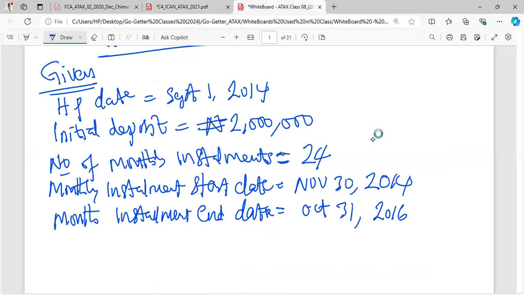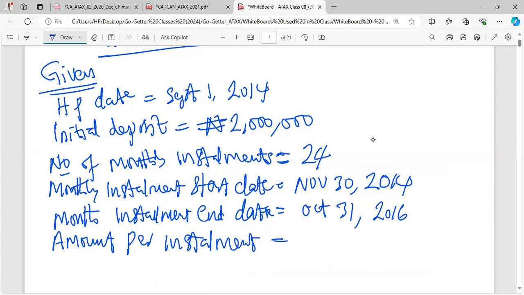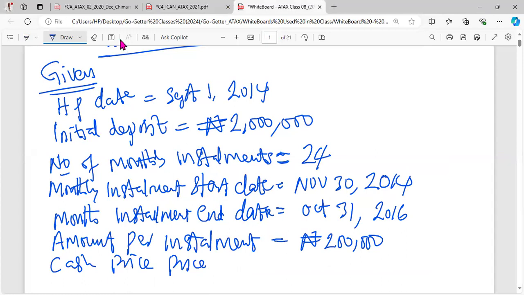So I'll come here: amount per installment is 200,000, and we are told that the cash price, oh, am I writing it twice?